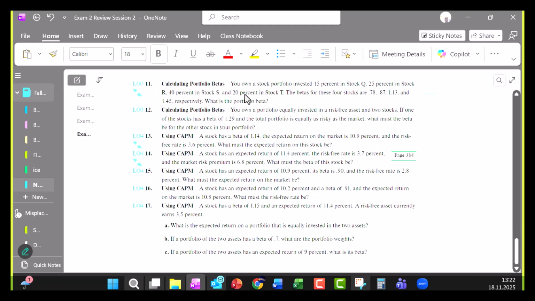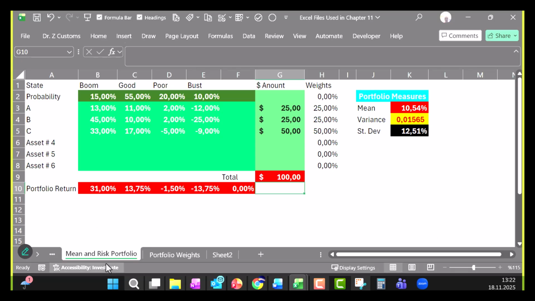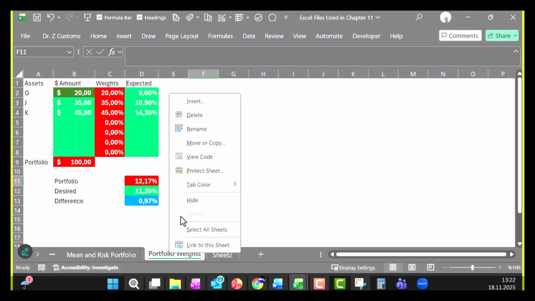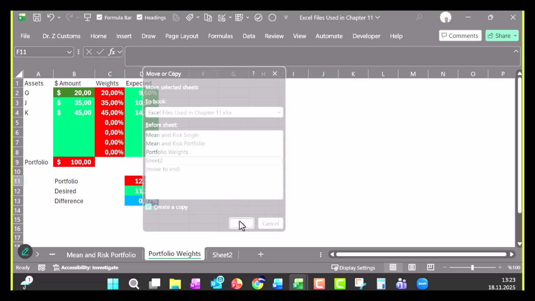You own a stock portfolio, invest 15% in stock Q, 25% in stock R, 40% in stock S, and 20% in stock T. Okay. And these are the betas. What is the portfolio beta? Let me do this. Let me move this. Even though mathematically it's similar, formatting is a little bit different.